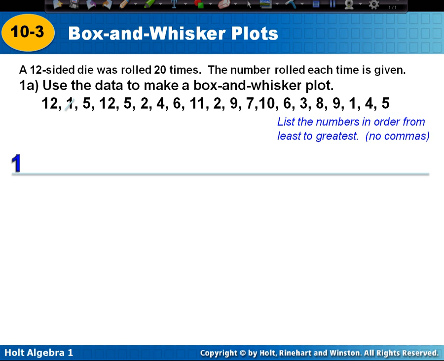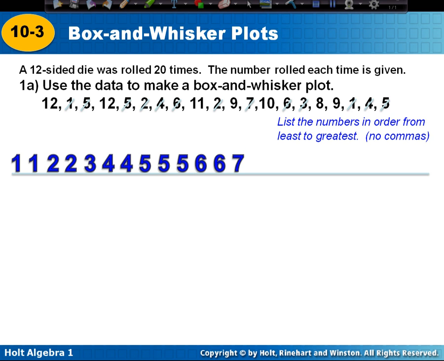So we have a 1, another 1, a 2, another 2, a 3, a 4, another 4, and 1, 2, 3 5s, a 6, 2 6s, a 7, an 8, 2 9s, a 10, an 11, and a 12.